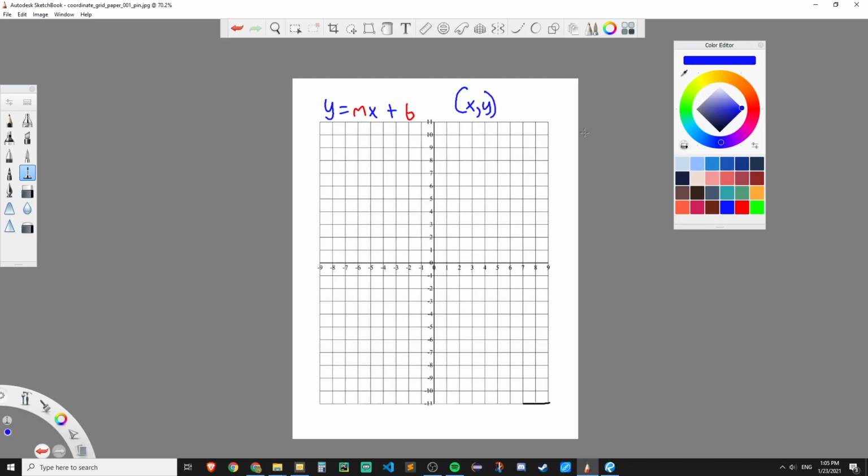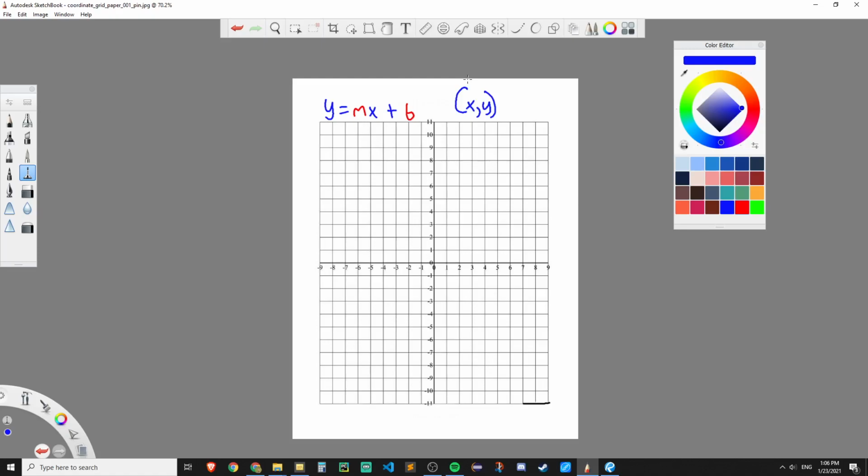M is the slope in this case, and we'll be talking about how to find slope later. And b is the y-intercept, which is wherever a point lands on this y-axis. Okay, and also we'll talk about that in a moment.